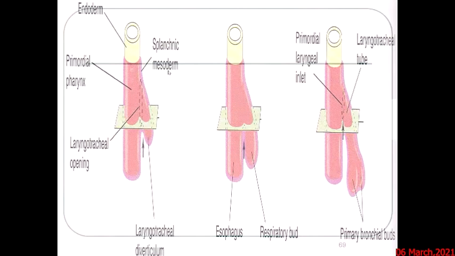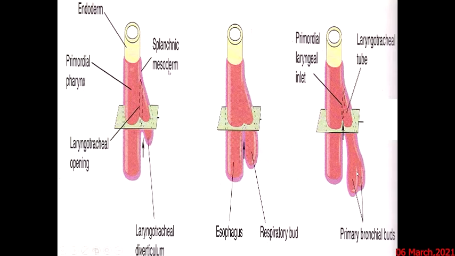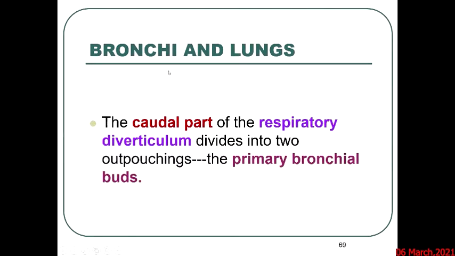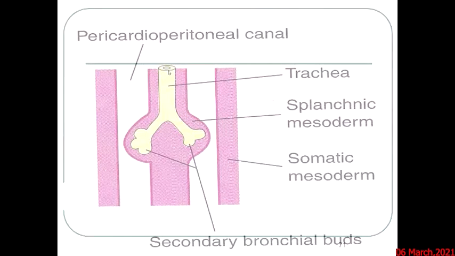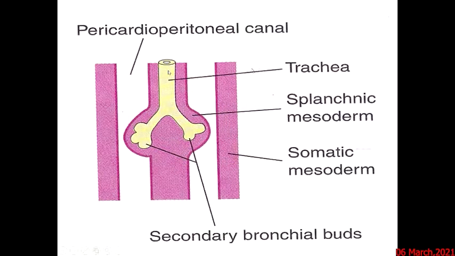So where will they grow? They will grow into the pericardio-peritoneal cavities, which are nothing but the pleural cavities. Now here comes a later stage of development.